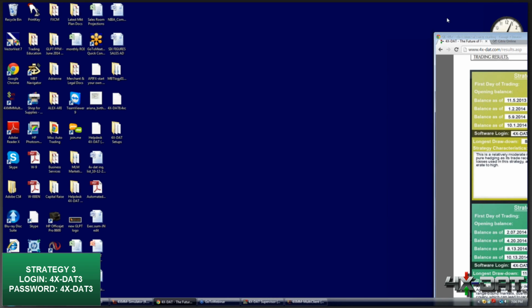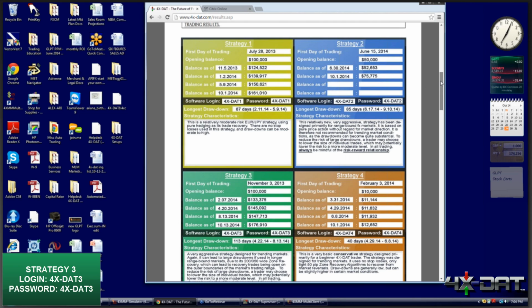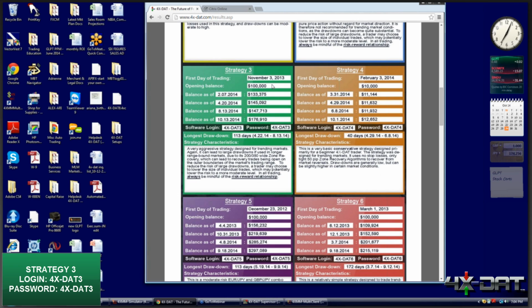And here we are. Strategy number 3, we started a while back, about a year ago. We started with $100,000. Here's the progression of that strategy. I think we might be in a little bit of a drawdown on this one as well.